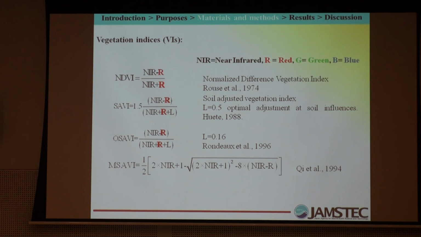NDVI was produced by Rouse et al. in 1974, using the difference between the near infrared and red wavelengths. SAVI was introduced by Huete in 1988, where L is an optimal adjustment for soil influences, and SAVI determined L as a soil line with 0.16.